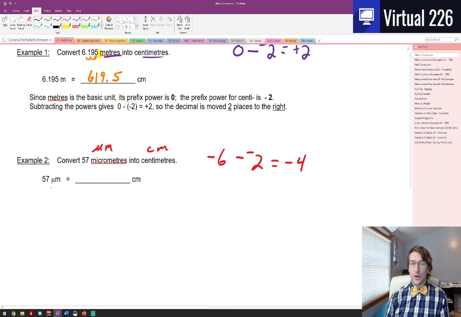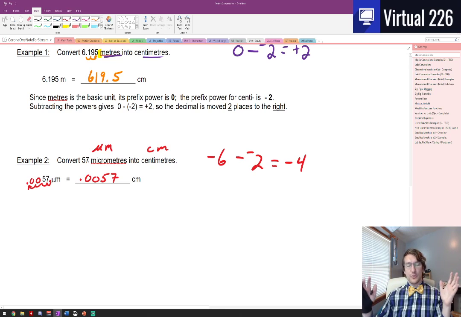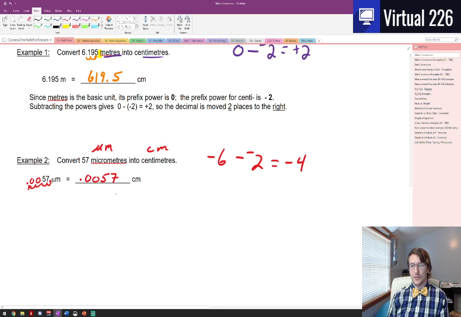So we're going to move this decimal, which for the 57 is actually right here, 4 spaces to the left. So 1, 2, and then there's no other numbers here, but that's okay because we can think about there being leading zeros here, and that would be 3, 4. So our decimal place would be here, and it's 0.0057. And 57 micrometers is a very small amount. For centimeters, which are larger, we have a fractional amount of centimeters, 0.0057.